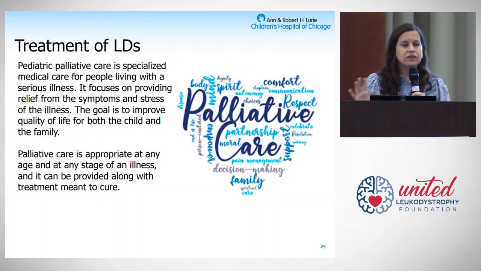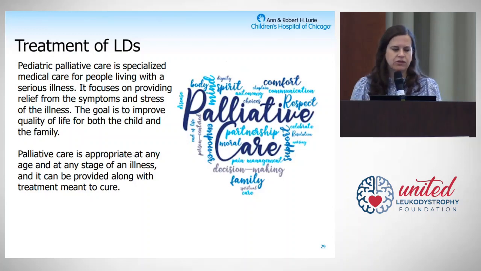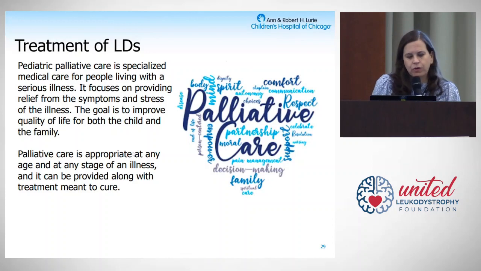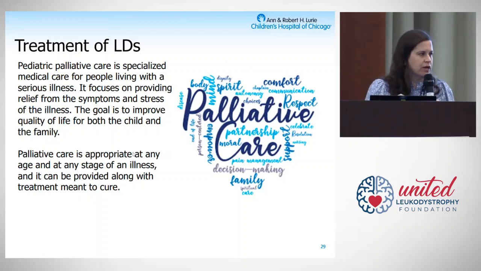So people with sickle cell disease or any kind of serious chronic disease, it focuses on providing relief from symptoms and stress of the illness. The goal is to improve the quality of life for the child and the family. It's appropriate at any age and any stage of the illness, and it absolutely can be provided along with curative therapies. They're not mutually exclusive.